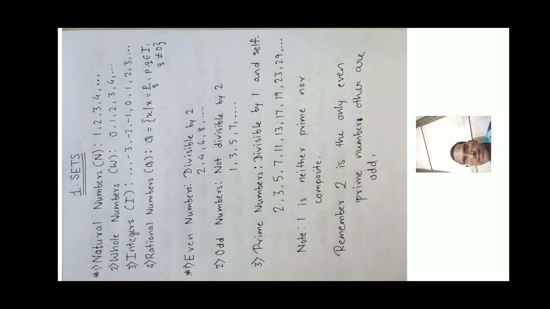So those numbers which are not included in prime numbers are definitely composite, but composite numbers are not in your syllabus, that is why I have not written that. And last thing is, remember 2 is the only even prime number, means 2 is the only number which is an even number and also a prime number.